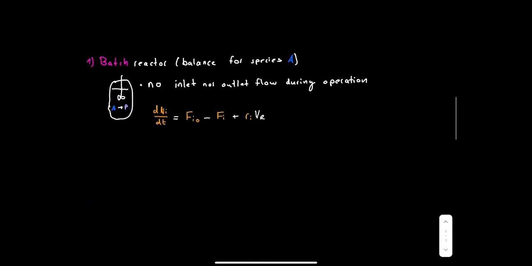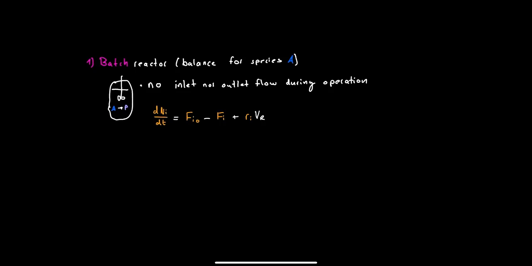So let's take a closer look into the forms we can operate our reactors. One form of the operation would be the batch process. In the batch process, our reaction mass is going to be in the reactor, and during operation there is no inlet nor outlet flow.